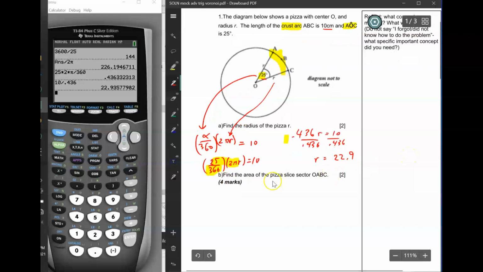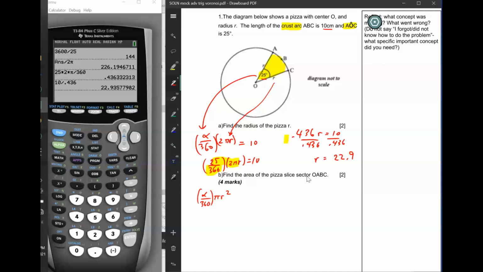Next part, it says find the area of the pizza slice sector OABC. So basically what it's asking for now is the area of this region here. In the formula sheet, there's a formula which tells you how to find the area of a sector. It looks something like alpha over 360 times pi r squared, pi r squared being the area of a circle.